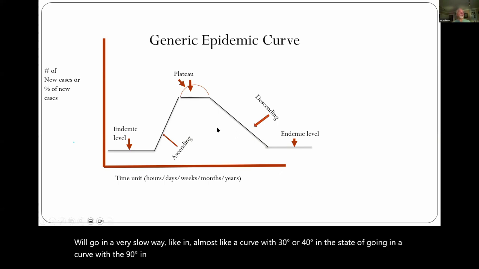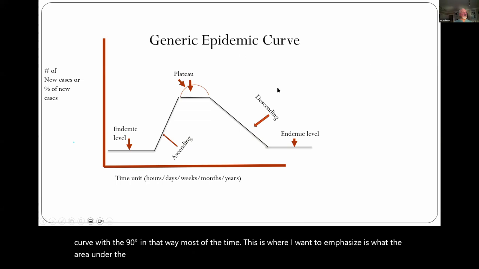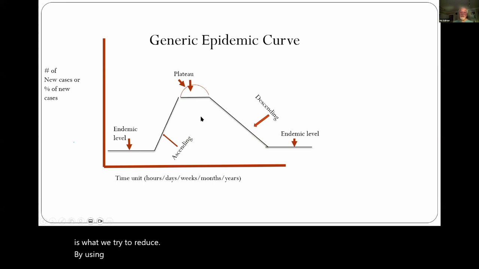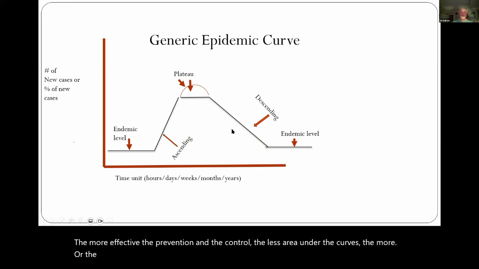This is where I want to emphasize the area under the curve for the epidemic curves. This is what we try to reduce by using preventive and control measures. The more effective the prevention and control, the less area under the curve. With a lack of action, this area of the curve will go up.